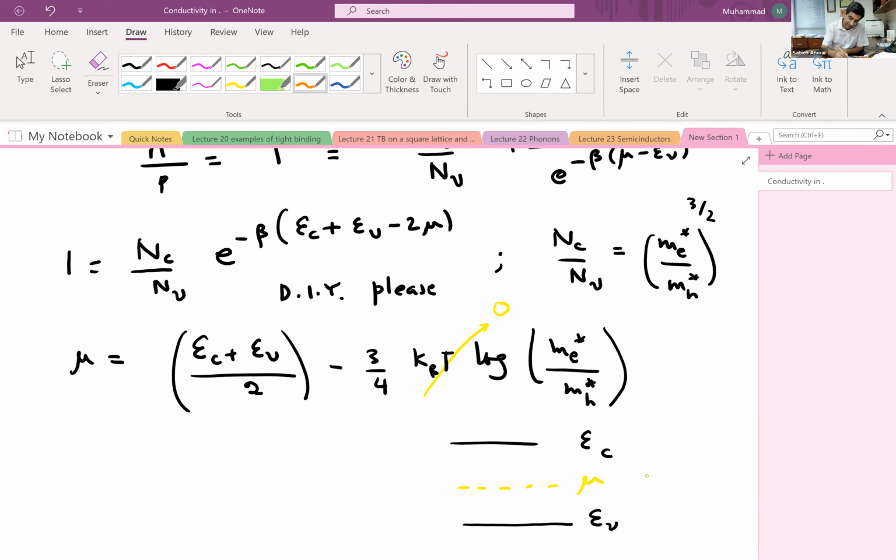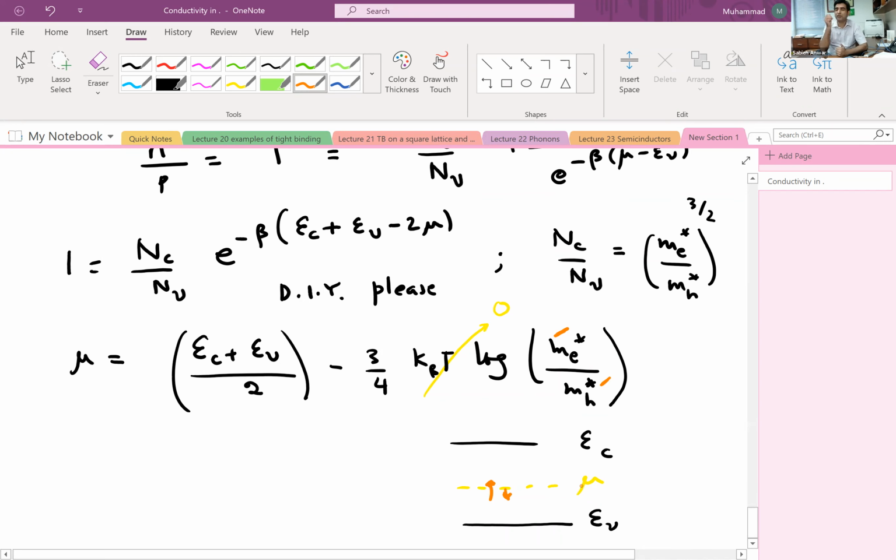However, if my temperature is non-zero, then depending upon whether the effective mass of the electron or the hole is higher, the chemical potential can go slightly up or down, but it remains very close to the middle of the band gap. So for intrinsic semiconductors, the chemical potential is right in the middle of the band gap. And if the electron and the hole effective densities are the same, then it's also going to be in the middle, no matter what the temperature is, because then the log is going to be equal to 0.